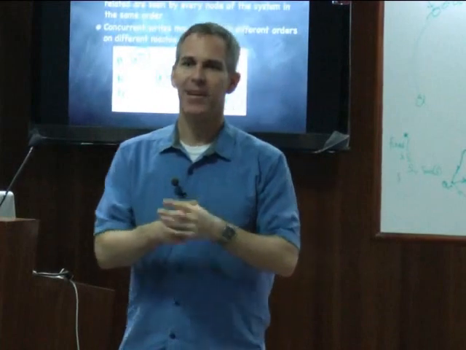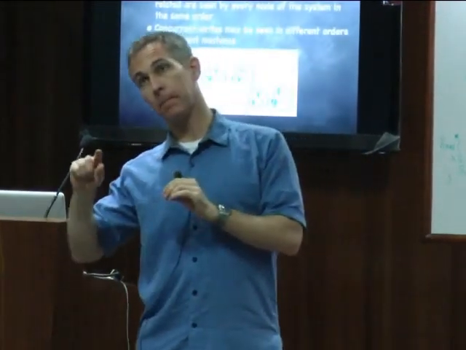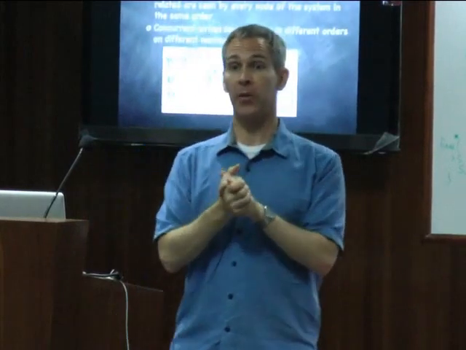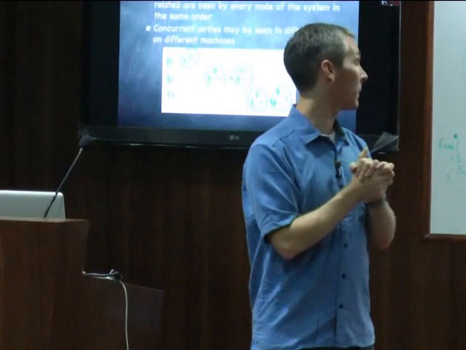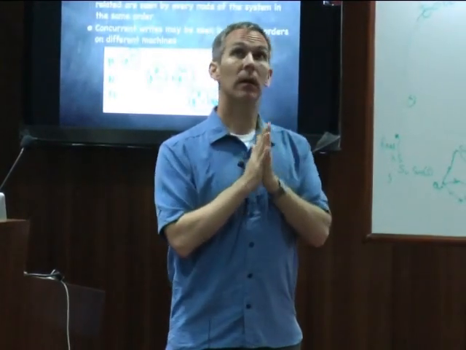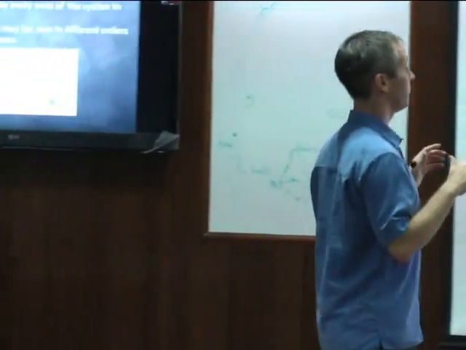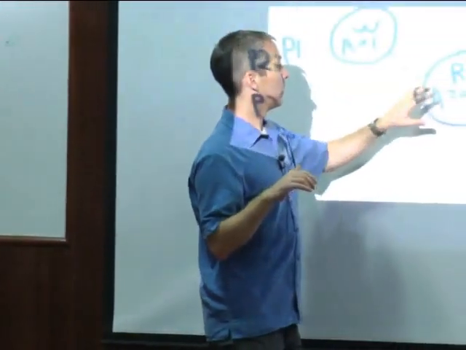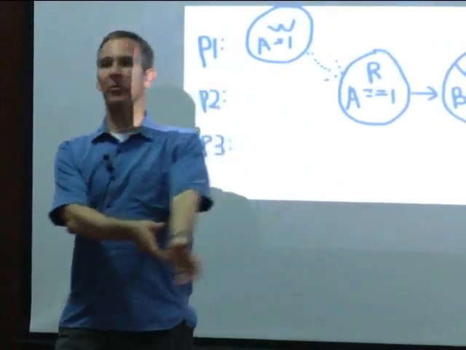Yes? How can we implement this causal consistency? Yeah, so the question is, how can we implement this? And we'll go through implementation in a fair amount of detail. A naive implementation is that any time you send information to another machine, you send it every single update you've ever seen.